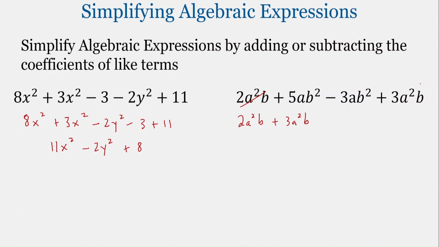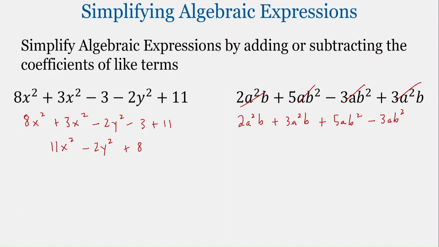And I'm going to cross that term out. I've used it. So now we'll do plus 5ab squared. I'll cross that term out. And then minus 3ab squared. All my terms are crossed out. I know I have included them in this grouping.